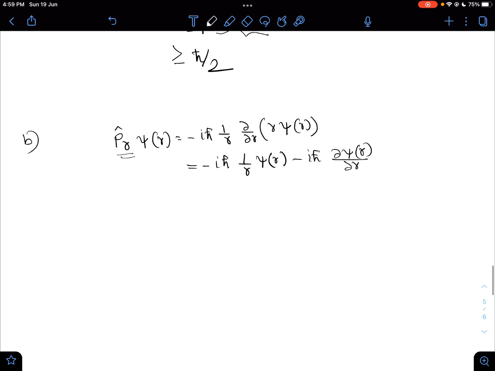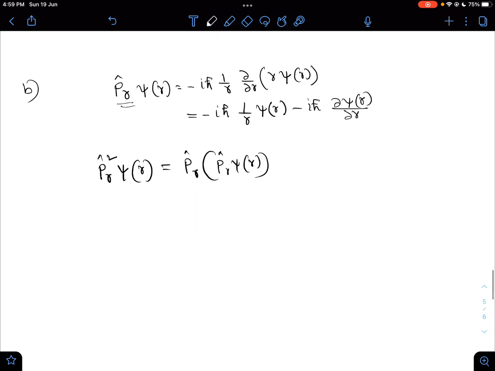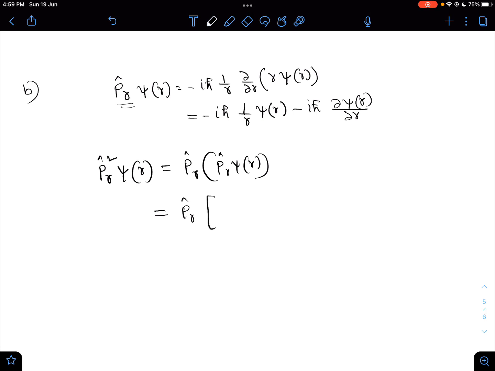We have to find the representation of P_r squared. So P_r squared acting on psi(r) will give us P_r acting on P_r psi(r). Now this P_r psi(r) is already known: minus i h cut 1 by r psi minus i h cut del psi del r.